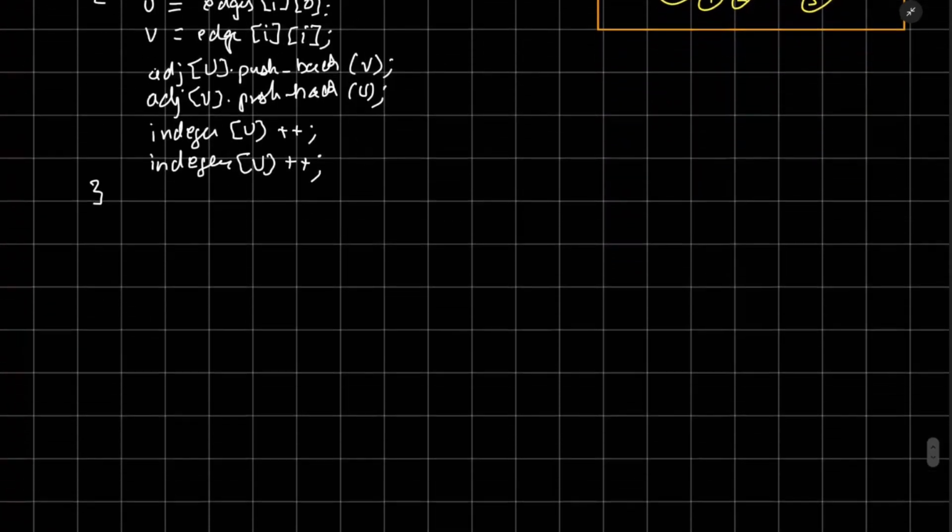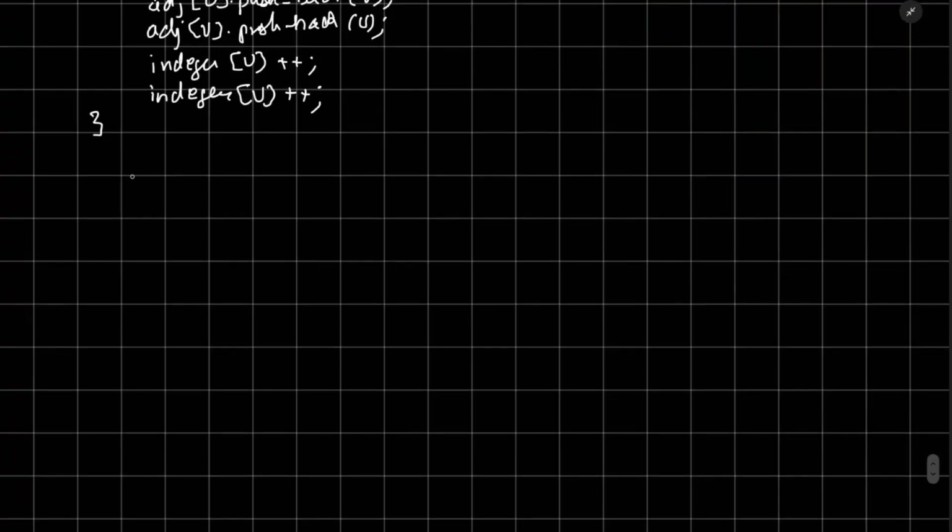Okay, so let's declare a queue, int, let's name it q, and what we will do here is push all vertices with in degree 1 into q.